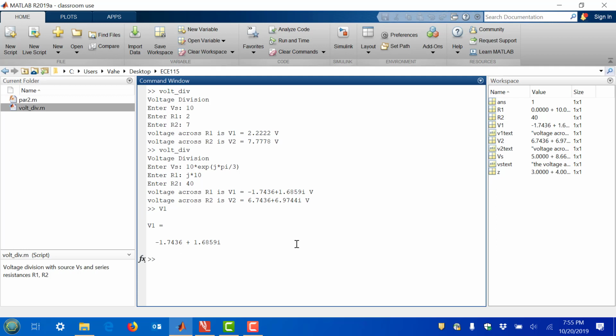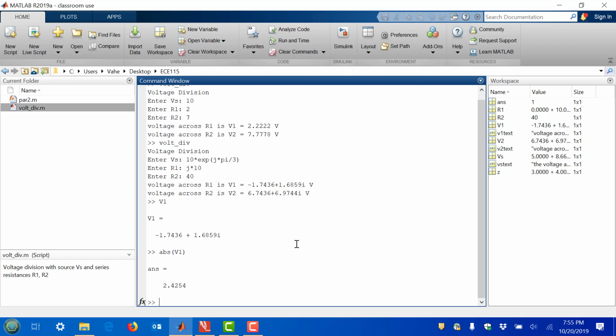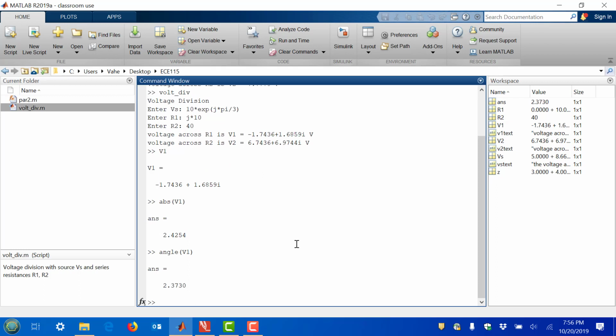Well, what's the magnitude of V1? abs(V1). That's the magnitude. What's the angle of V1? You say angle(V1). Now the thing is, that's in radians, so maybe I want that in degrees. Two ways of doing it. You multiply by 180 over pi, or you can use the rad to degree function.